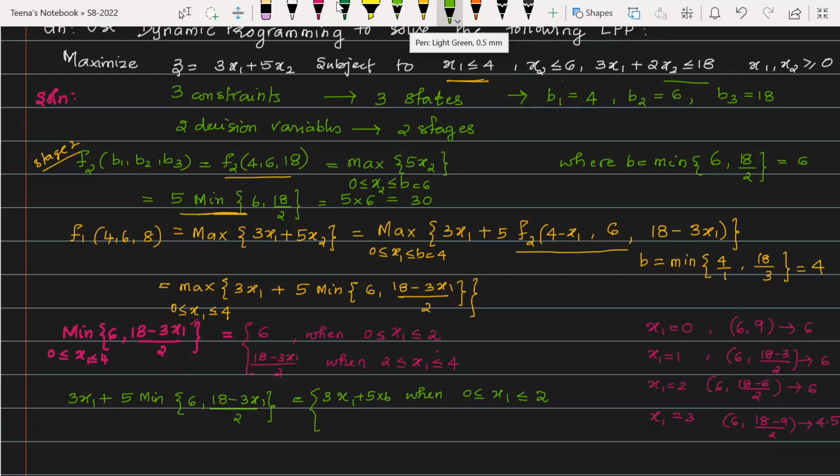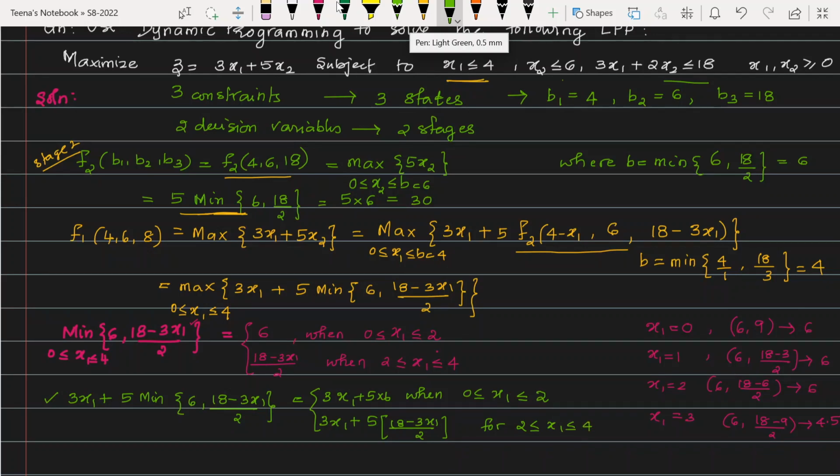We are going to substitute our obtained minimum value into this expression, and hence we have 3x1 plus 5 into 6 for 0 less than or equal to x1 less than or equal to 2, and 3x1 plus 5 into (18 minus 3x1) by 2 for 2 less than or equal to x1 less than or equal to 4.